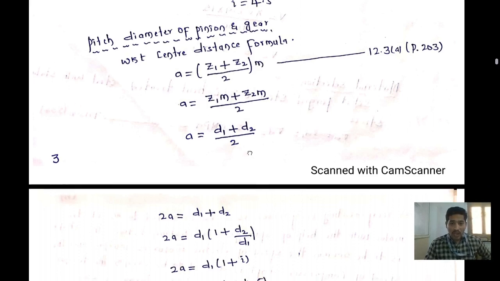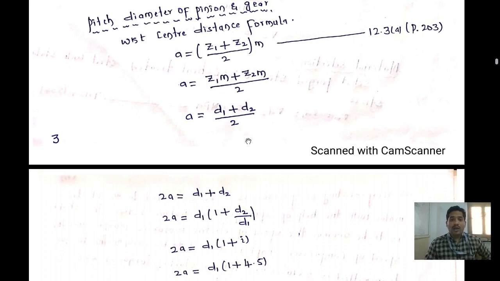So if you multiply, Z1, the number of teeth on the pinion, into module plus the number of teeth on the spur gear into M, by 2. Here D is equal to Z into M, or instead of D2 we can say M into Z2. So A is equal to (D1 plus D2) by 2.